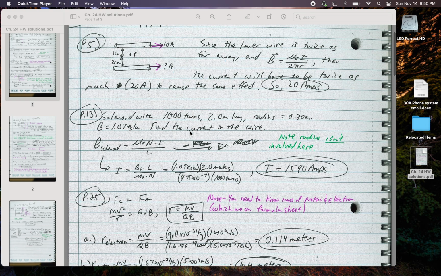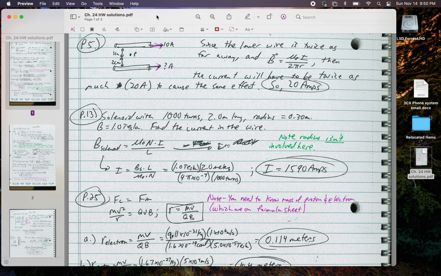For P13, that was a solenoid, so this is a formula, I think it's on page 895. Formula for solenoid on page 895, I think.